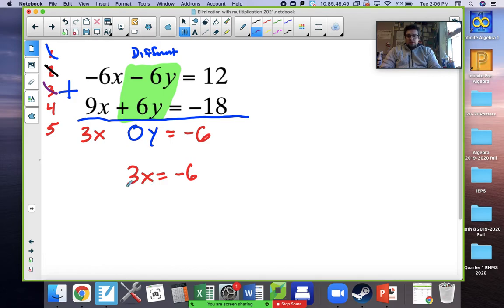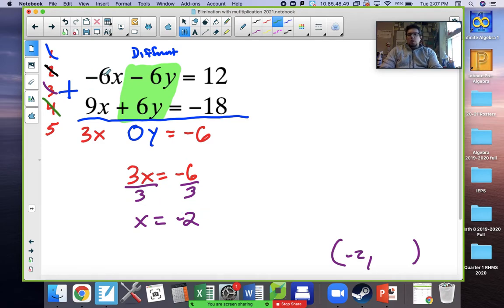Step 4, we solve this. And there is half of our answer. Step number 5 says we're going to plug this number in and solve again. We can plug it into any equation that's in the problem. So we're going to take that bottom equation.